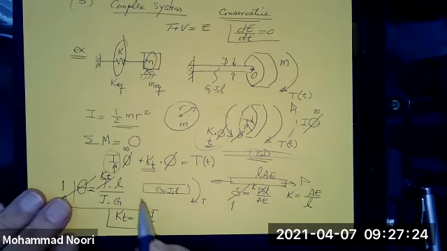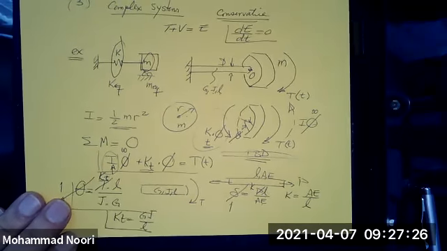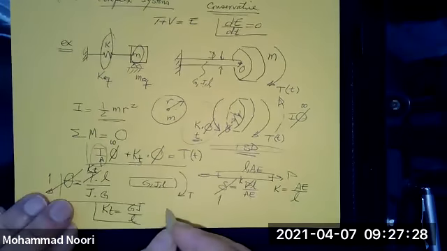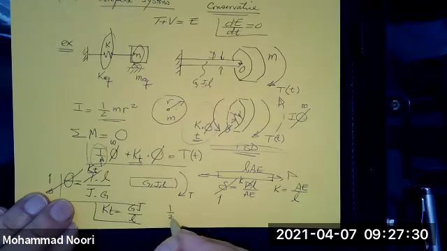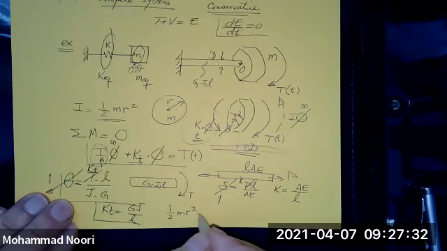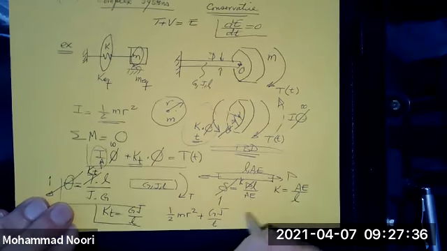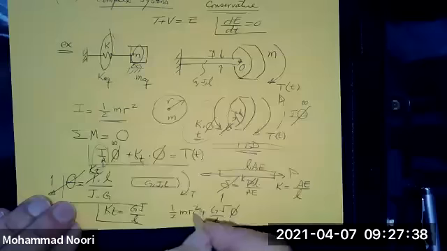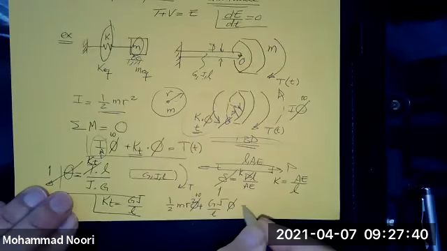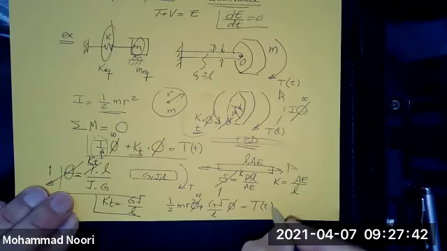Okay? So in this equation, then, what do you have? You have (1/2 mr squared) phi double dot plus GJ over L times phi is equal to T of t.